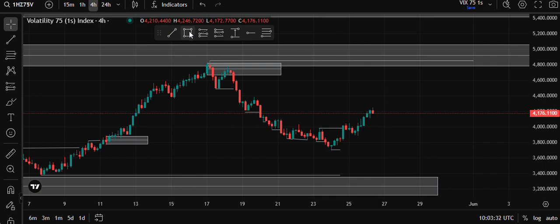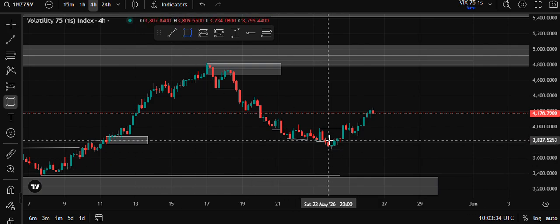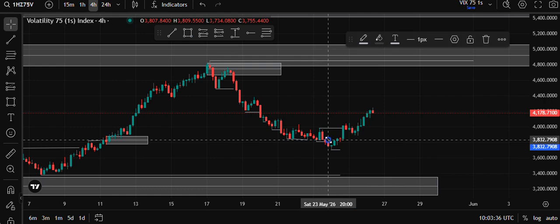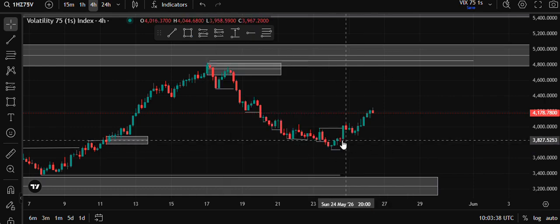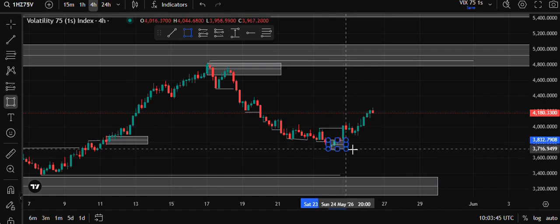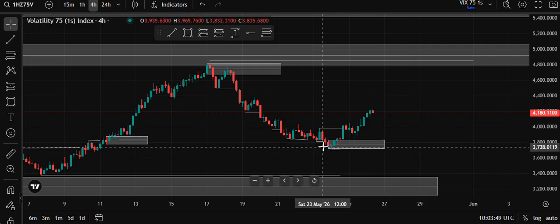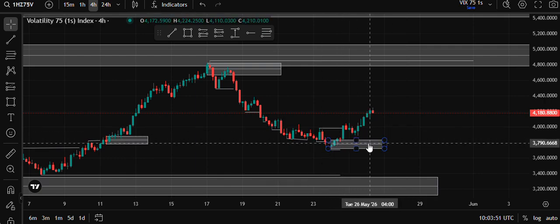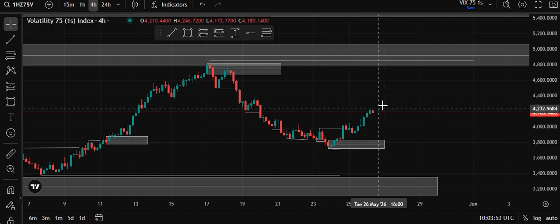But as you can see on here, it has yet to actually mitigate this level. It didn't mitigate it. One, two, three, it didn't mitigate it, but it's going up.